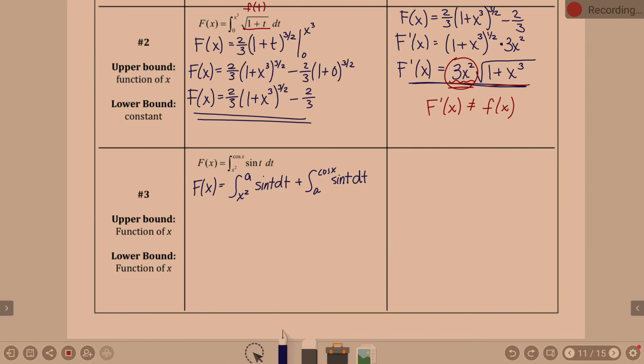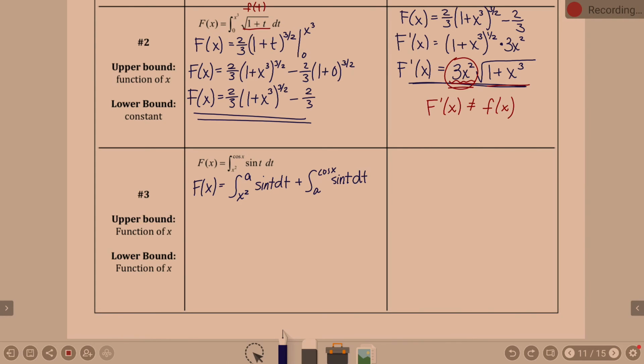Now, after you see that split up, does that make sense? This is that rule where we could take these two and add them because the upper a and the lower a overlap, right? So you can take these and make it one. I'm trying to split them apart. To use fundamental theorem of calculus part one, we need the function on top, the constant on bottom. A is just a constant. How do we make that happen?